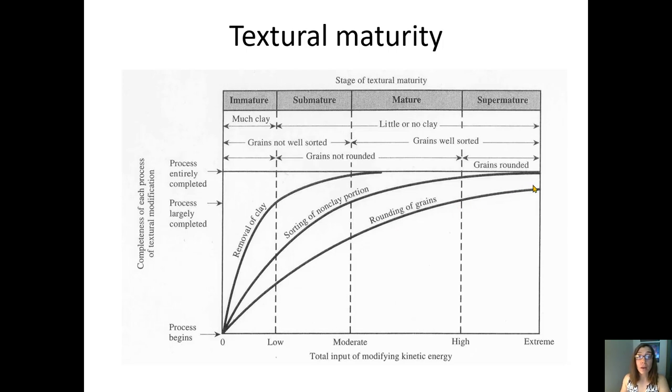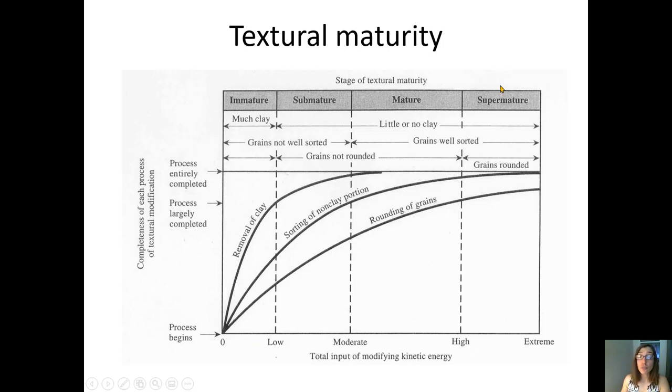So we break up the textural maturity into these four classes: immature, submature, mature, and supermature. An immature sediment is going to have a lot of clay, poorly sorted grains, and angular grains, and so you know that this rock is probably found pretty close to the source. It's texturally immature.